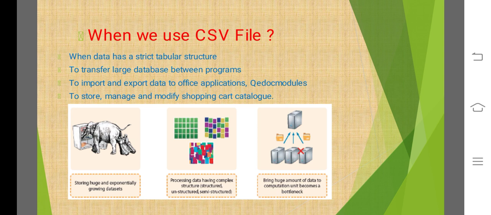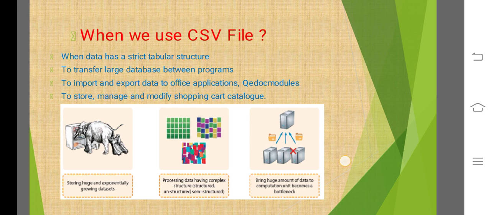If we store that data in an Excel sheet or in database format, then it takes a large amount of space to transfer this data. That's why at that time we use CSV files.